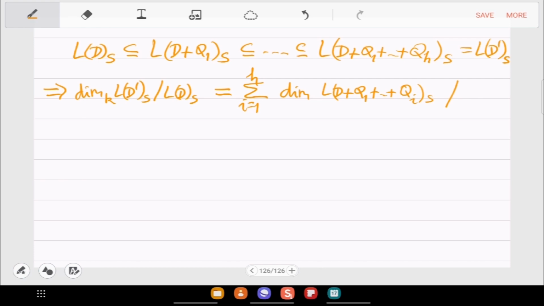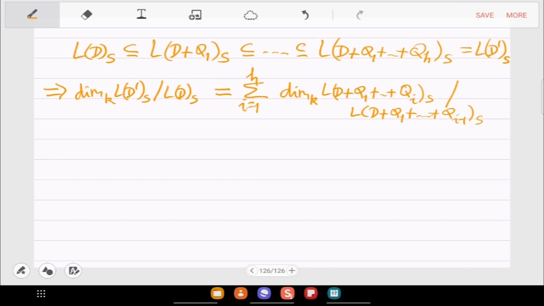Okay, so i equal to 1 means L(D+Q1) mod L(D), and you go up to i equal to h, which is L(D+Q1+...+Qh), which is L(D',S) mod the previous one.